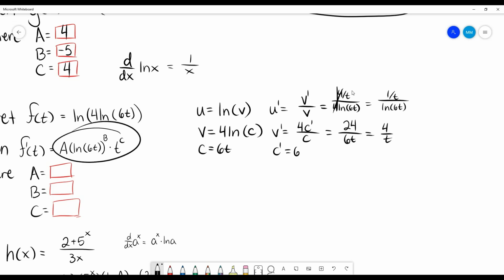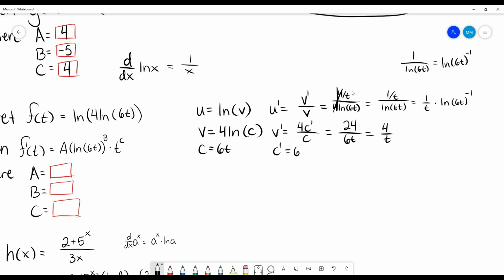And that's not at all in the form that they want us to get it in, is it? So I see that this is on the bottom and they want it to not be. So I know that what that means is I'm going to have 1 over t times this bit to the negative first power. So natural log of 6t to the negative first, because that's the same thing as just this, right? Because of how our exponents work.